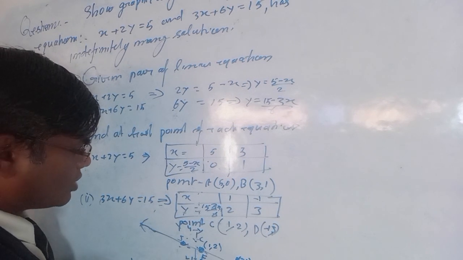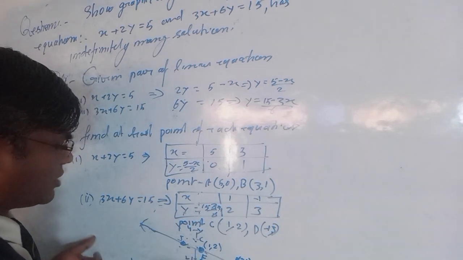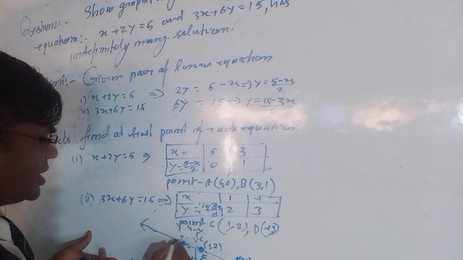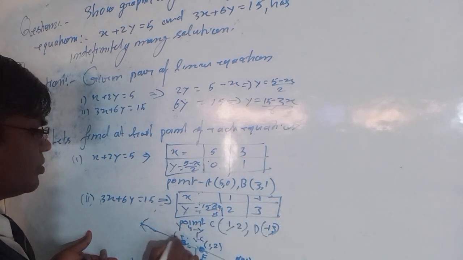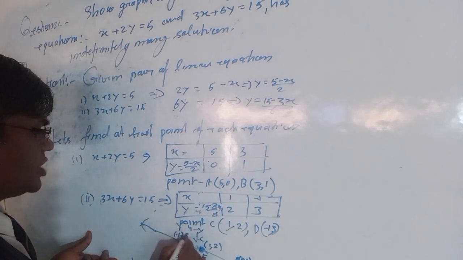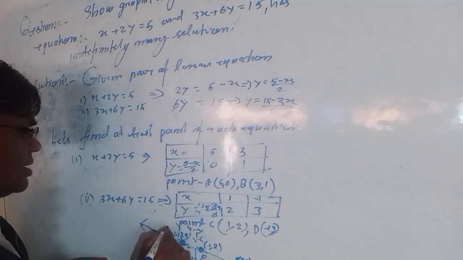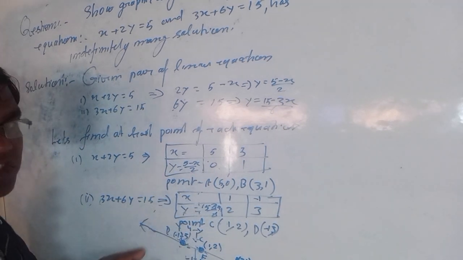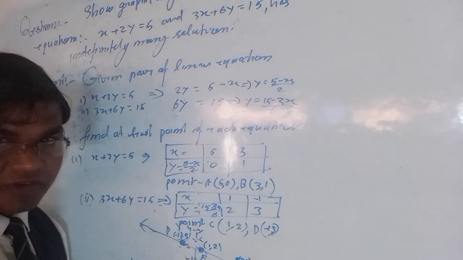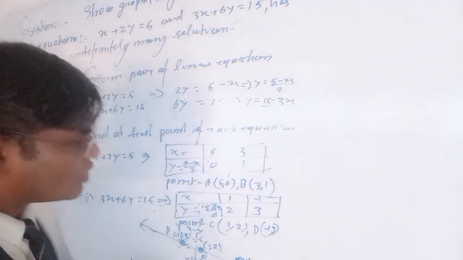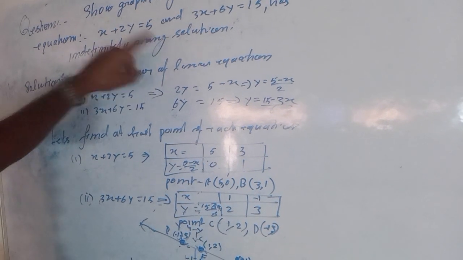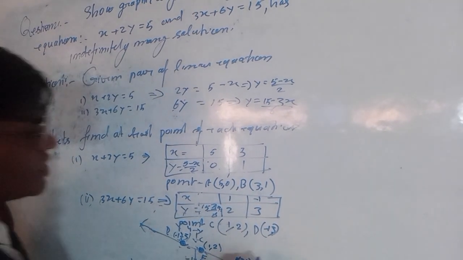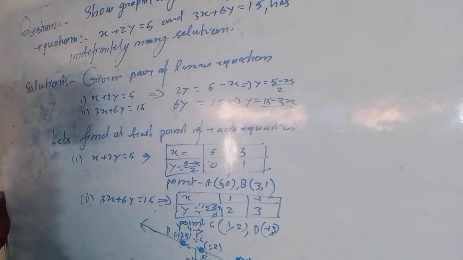So in coincident points, we will find that A, B, C, D is here, that became coincident, and the third point is -1 and here is 3, we have got here D, that coincidence. So these equations are found in a coincident form. So we can say that it has indefinitely many solutions, because it is coincident.